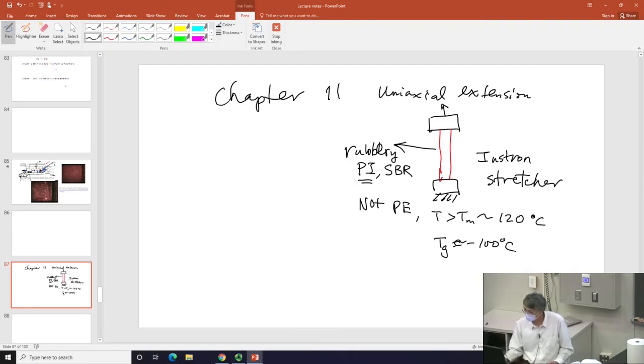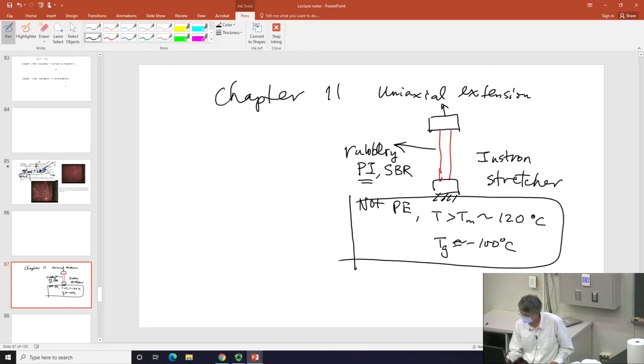So it's challenging to do with polyethylene in an Instron. And if an Instron, such a device, is the only thing you have, then get hold of some rubbery polymer. Rubbery polymer, if you know the Maxwell relaxation time, the tau can be 10 minutes. So in other words, it's not going to flow and fall apart very quickly.